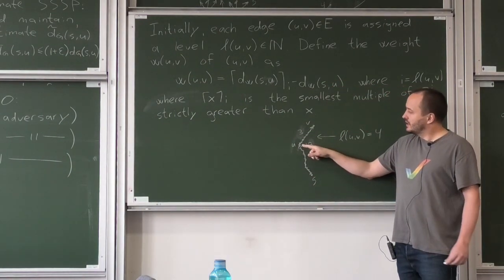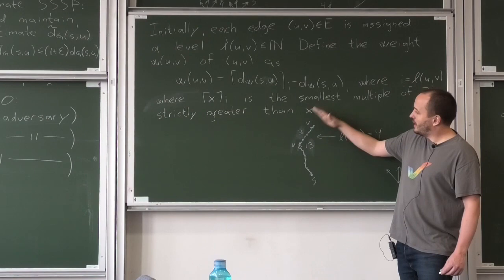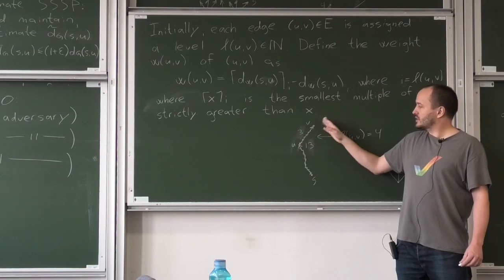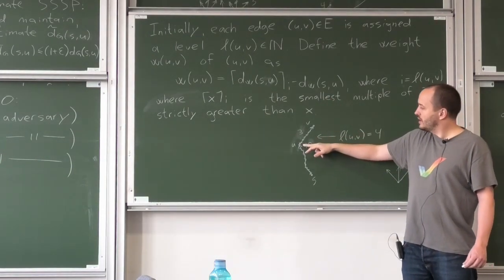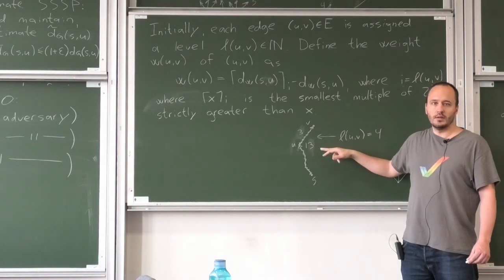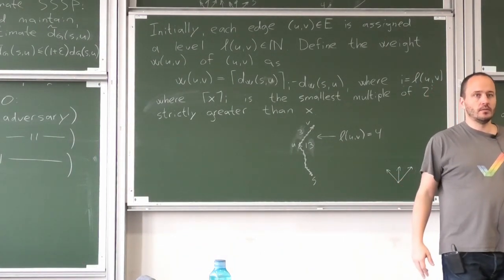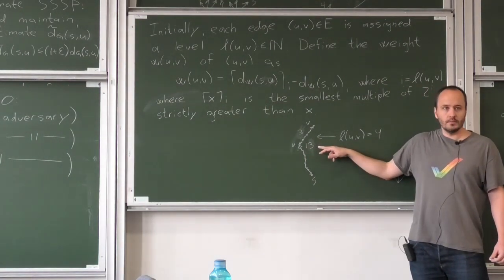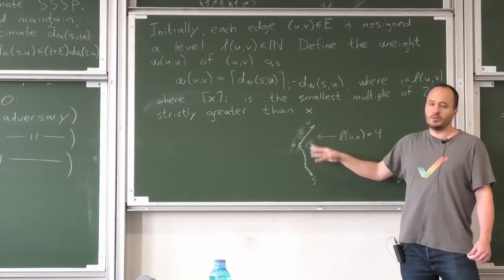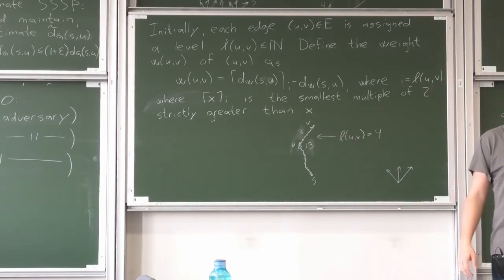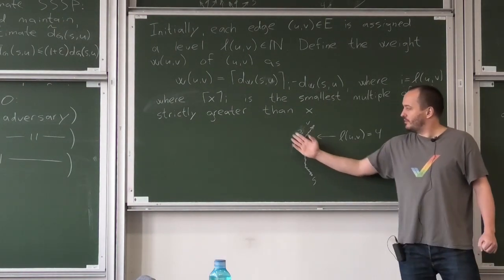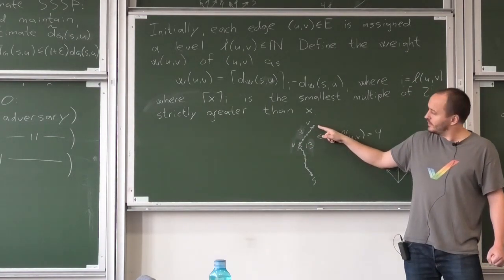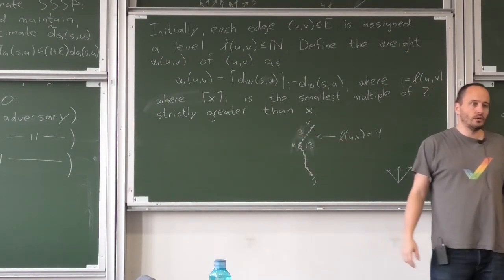But U knows that if this is a level, all the level I edges here, where I is 4, I don't need to worry about, I don't need to communicate anything along these edges before my distance increases to what? 16, or something divisible by 2 to the I. Whenever the distance from S to U is divisible by 2 to the I, divisible by 16 in this example, then it has to tell something to its outgoing level I edges. But it could have level 3 edges also. So let's say this is a level 4 edge, but U might also have a level 3 edge going out from it.